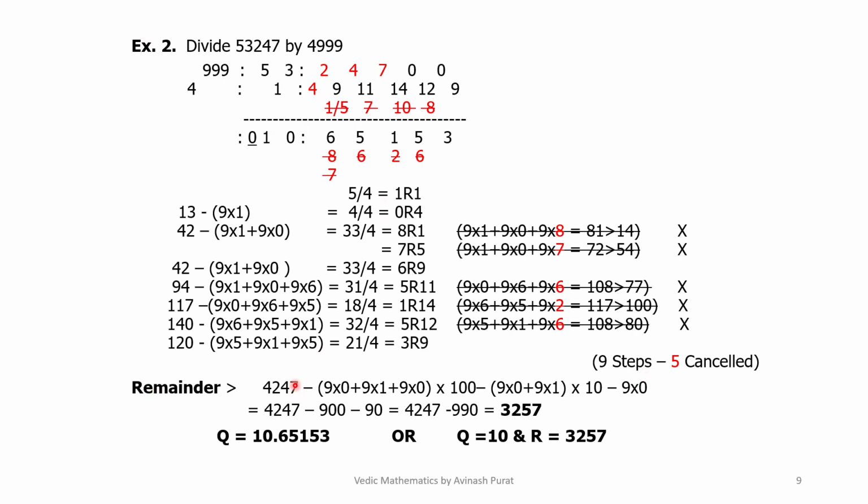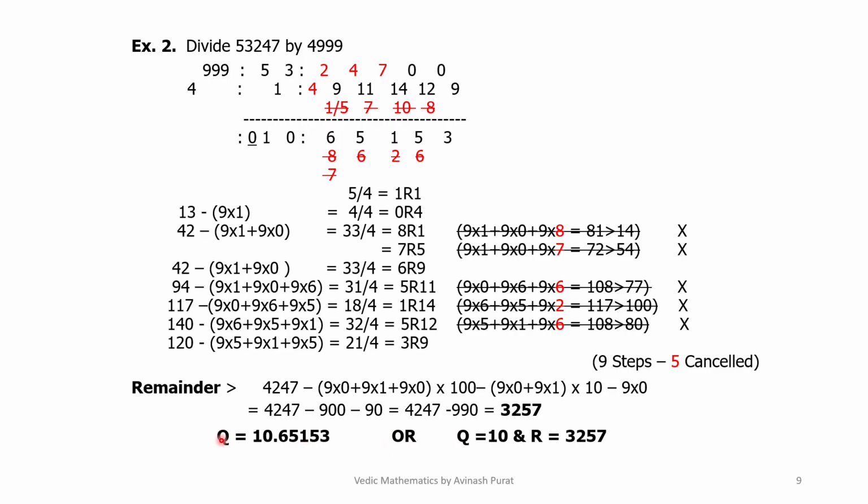The remainder is 4247 minus 9 into 0 plus 9 into 1 plus 9 into 0 into 100 minus 9 into 1 plus 9 into 0 equal to 10 plus 9 into 0, that is 4247 minus 900 minus 90, that is 4247 minus 990 equal to 3257.